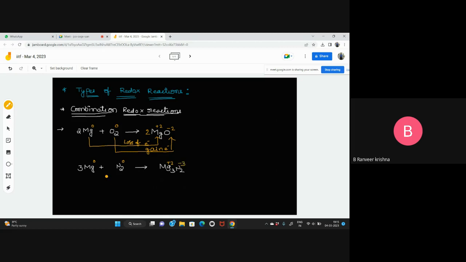Very good. 0 to +2 means loss, and 0 to -3 means gain. So loss of 2 electrons and gain of 3 electrons.